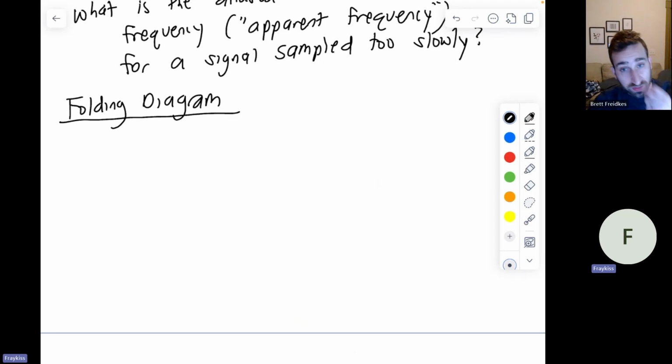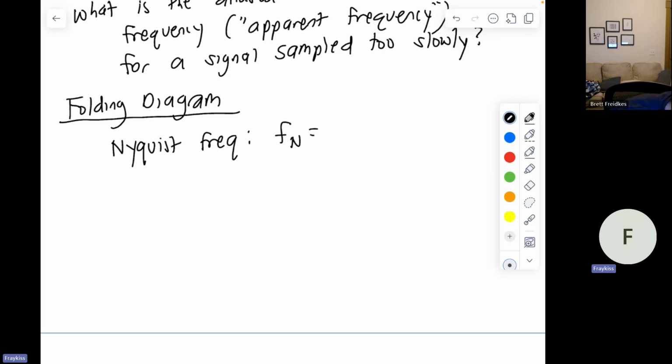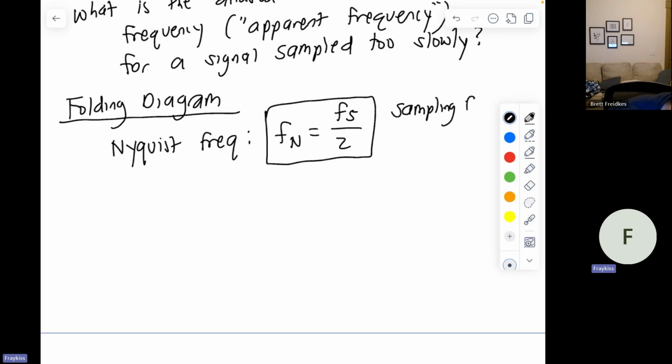And before we go into what this looks like, I want to define a couple things. First off, the Nyquist frequency that I'll call Fn, this is defined as the sampling frequency over 2. We will use this to determine if we are aliasing.